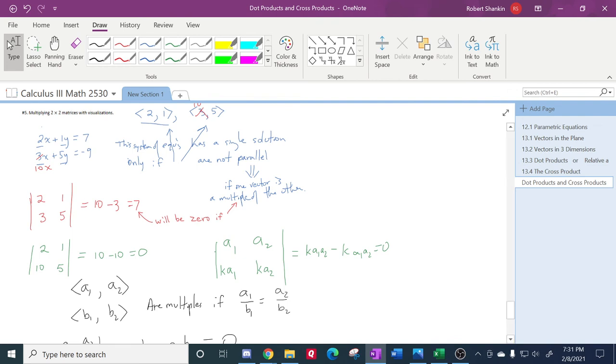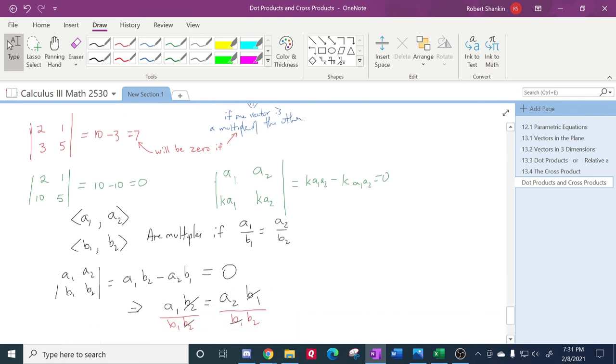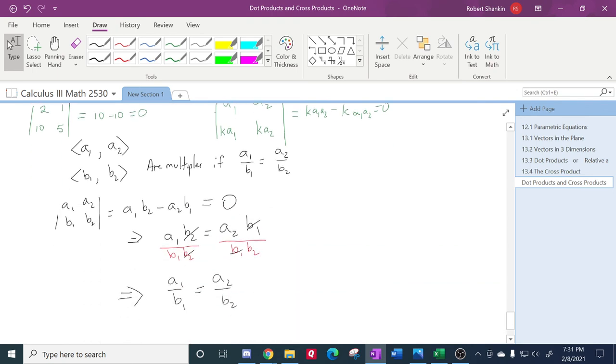If the determinant is 0, then the vectors are parallel. But they don't show why any of this stuff is true. When I was getting my own education, I got the same type of education. I got, here's the facts, but no explanation about why they're true.